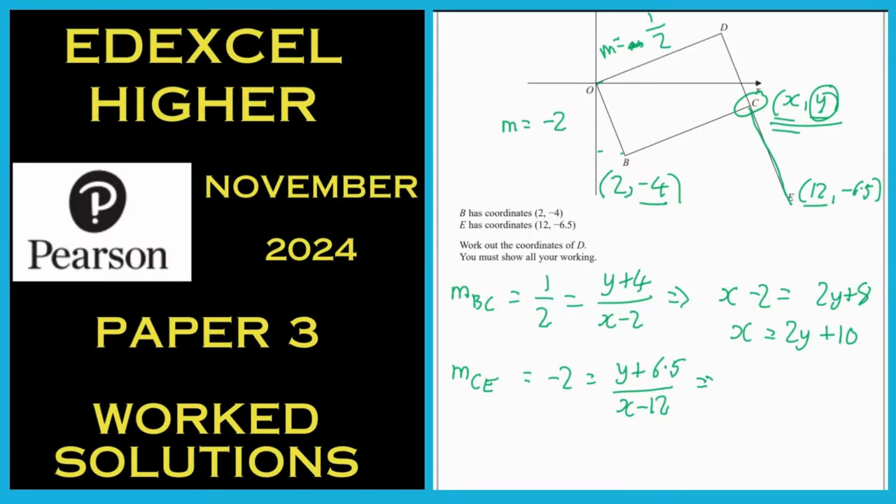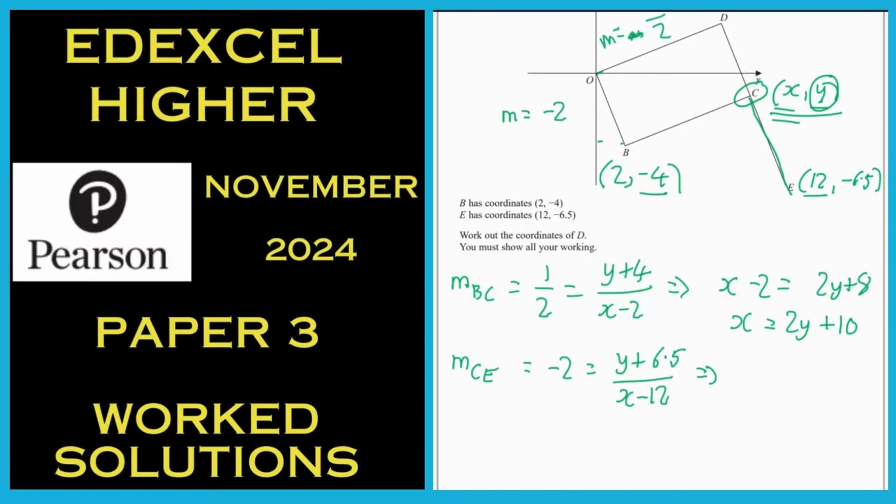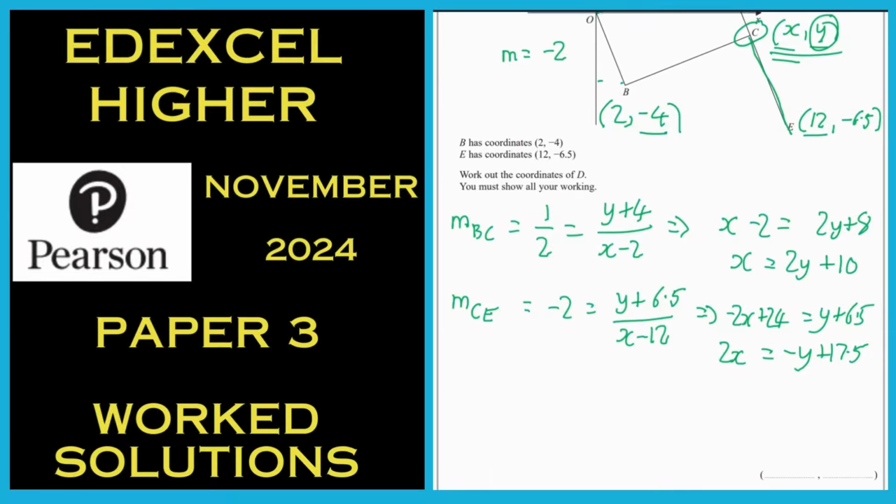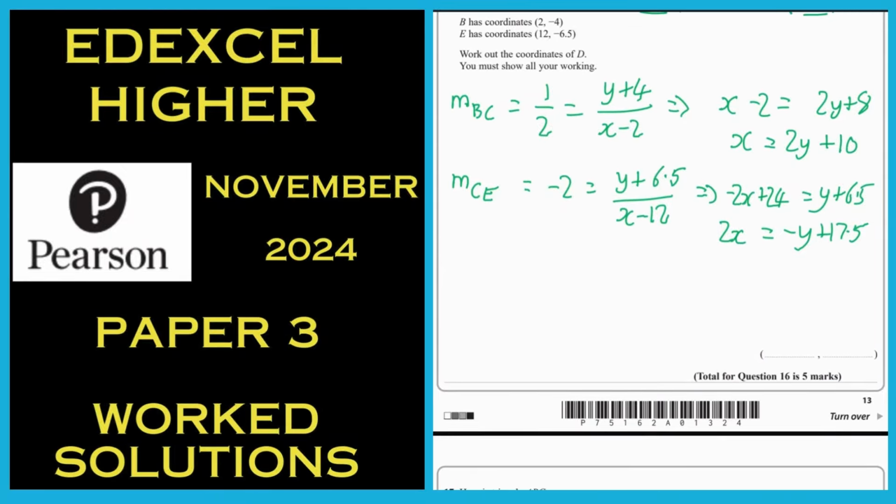Same mucking around, times both sides by x minus 12. I end up with minus 2x plus 24 equals y plus 6.5. And we can just slightly rearrange. I can say that 2x equals minus y, because I'm just changing all the signs, plus 17.5. There we go. We've got our simultaneous equations.